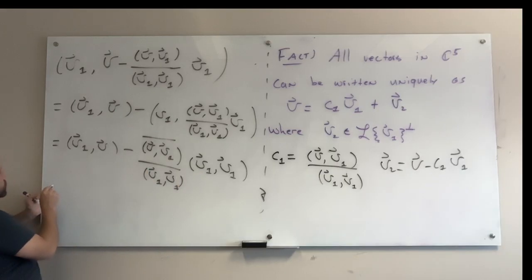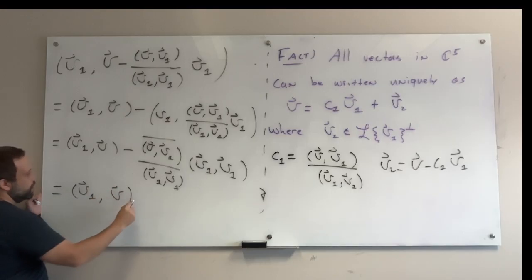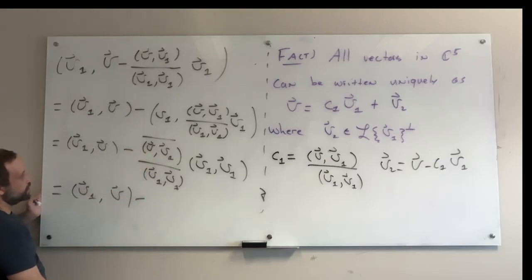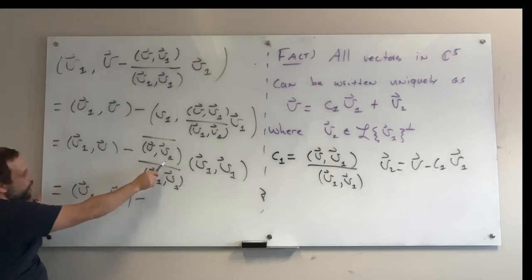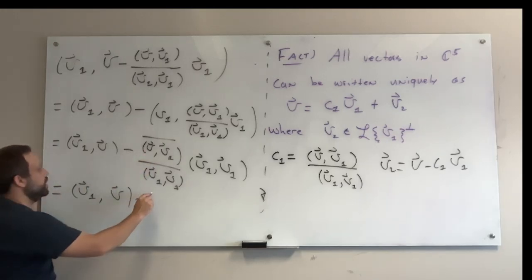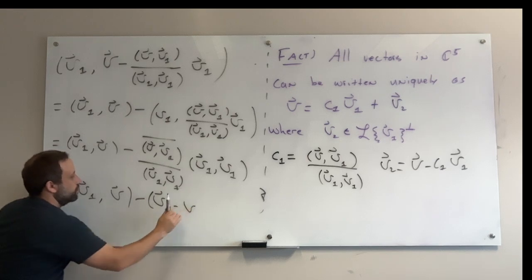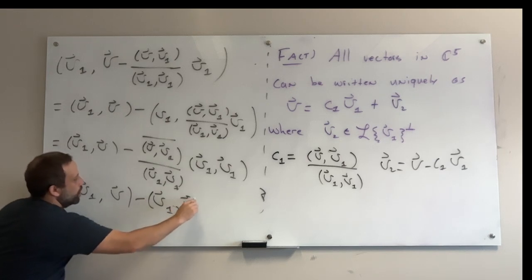Okay, now notice what's going to happen. The inner products of V1, V1 cancel. And now here, we're going to have the inner product of V1, V. And now we're just left with the complex conjugate of that. But remember, what the complex conjugate does to the order, it just swaps it. And so this is equal to the inner product of V, V1.